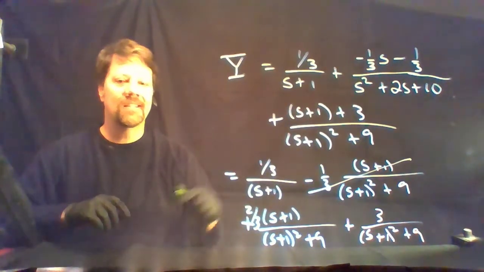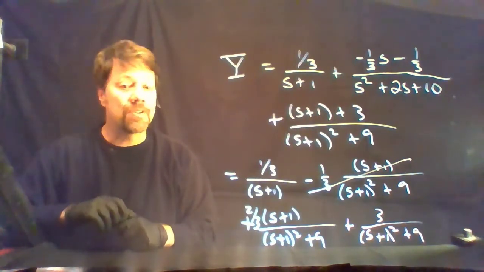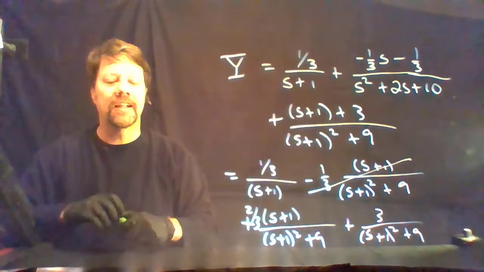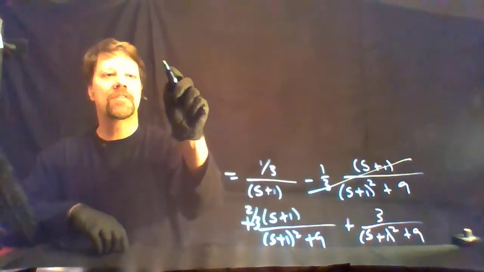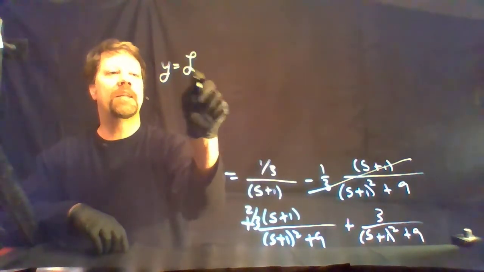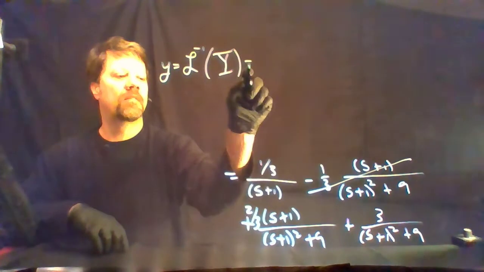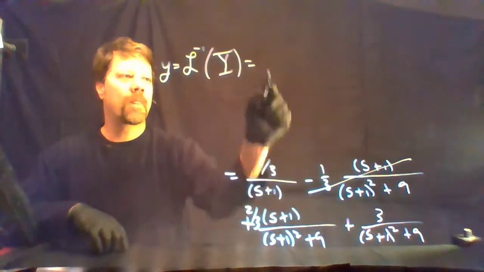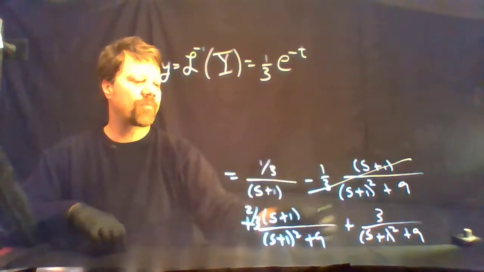We're now set to solve the differential equation by taking the inverse Laplace transform, recovering the solution function, little y. Taking the inverse Laplace transform term by term, from here we will have 1/3 e to the minus t.